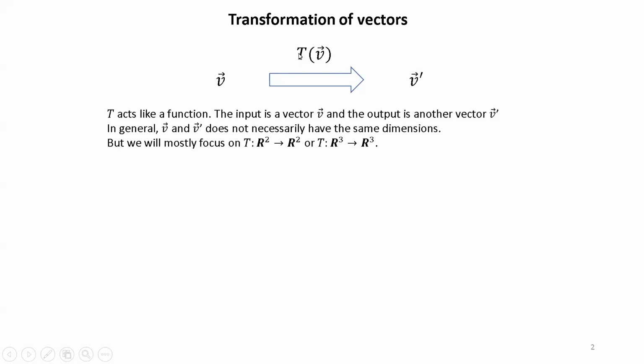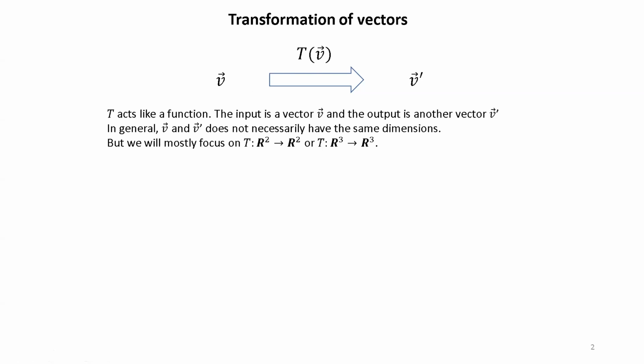So this T itself acts like a function. It takes an input, but this time the input is not a number, but instead it takes a vector as an input, and then it spits out another vector for you. So that's v prime. So the input and output are vectors.